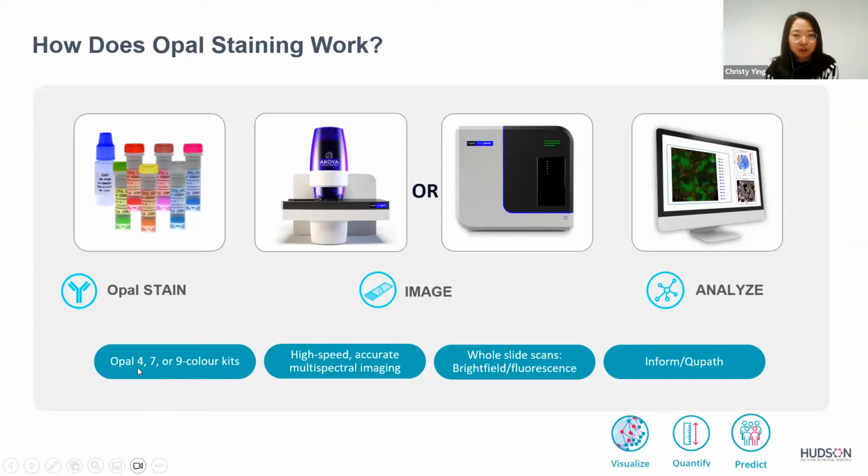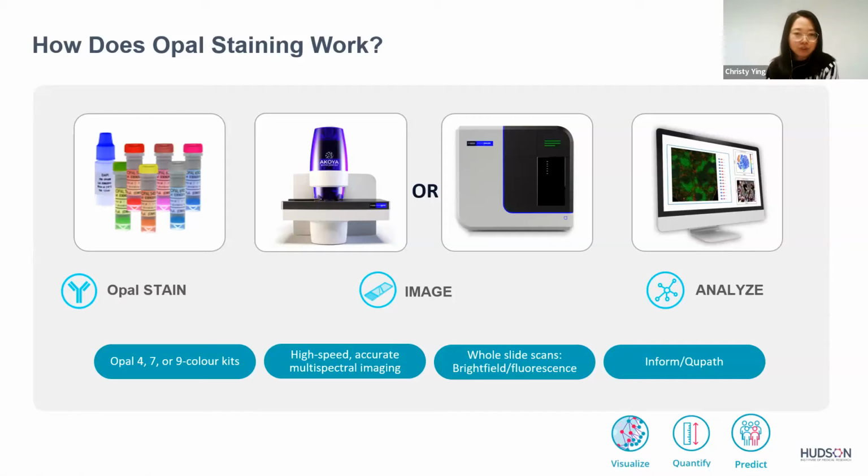For the 4 color kit, we could do the imaging using a confocal microscope. While if we do staining up to 7 or 9 colors, then we can only use multispectral imaging facilities instead of confocal.